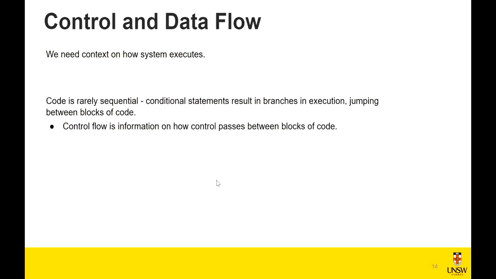And most of the time, code is rarely sequential, so it's not all the way down from the input to the output. It has branches. There are conditional statements that will result in branches during execution, jumping between different blocks of code. And control flow is used to describe how control is taken over from one code block to another code block.